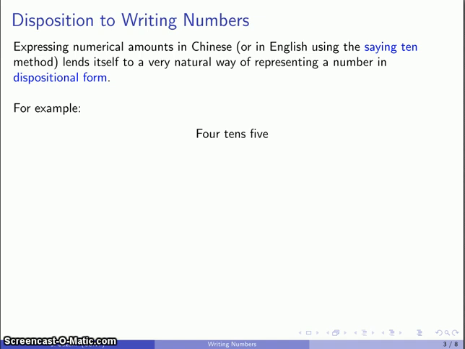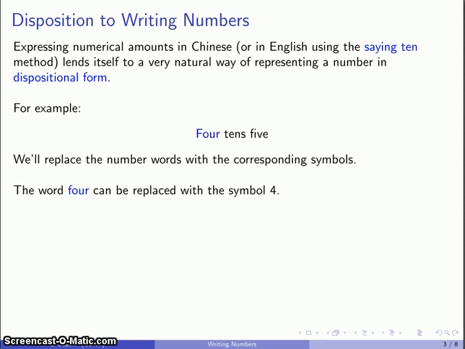For example, suppose I wanted to write down the number 4 tens 5. If you're thinking standard English, this is the number 45, but with the saying 10 method, that's 4 tens 5. I know I have a symbol for the number words, so I replace the word 4 with the corresponding symbol, and likewise the word 5.